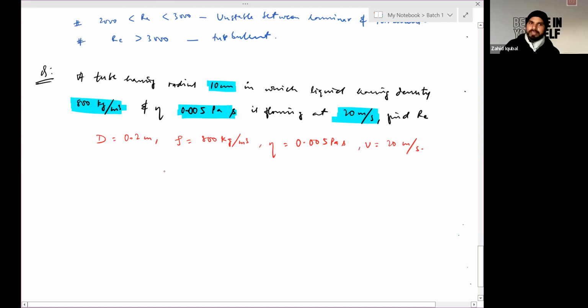Since we have to calculate Reynolds number, which equals rho v d divided by eta. Density is 800, velocity is 20, diameter is 0.2, divided by eta, which is 0.05.